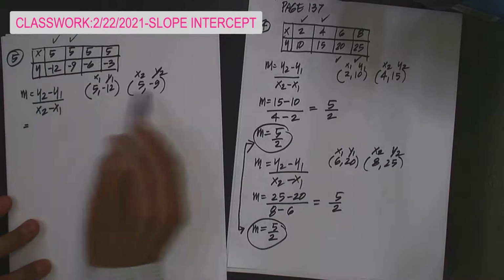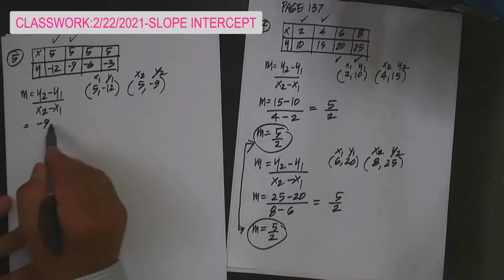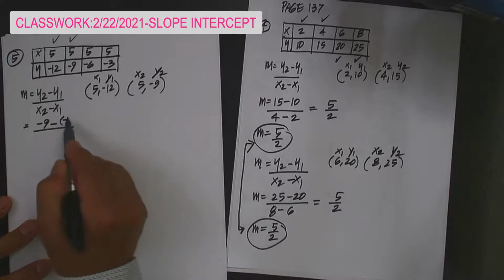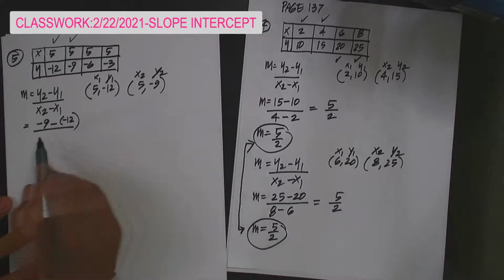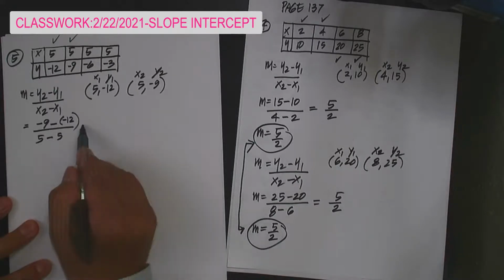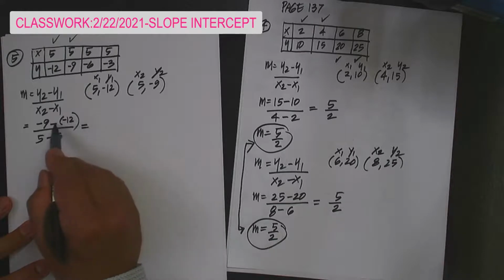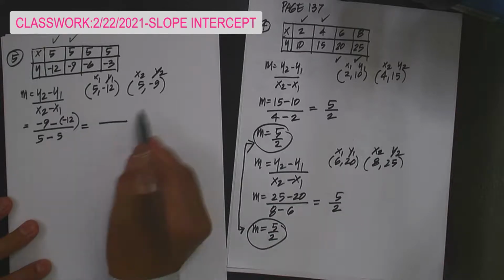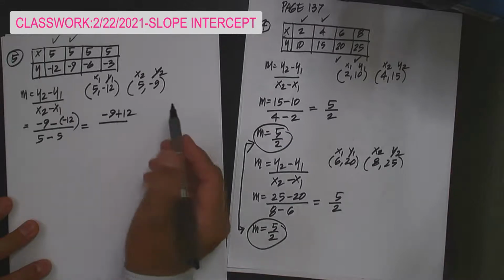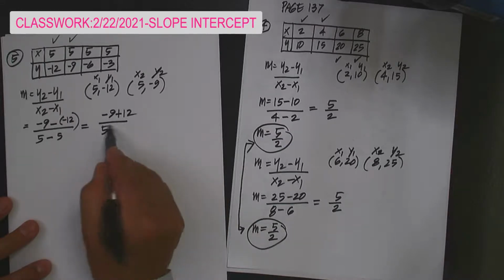My y2 is negative 9 minus negative 12, right? Next, 5 minus 5. I can change this one because the rule is double negative becomes plus: negative 9 plus 12, and then 5 minus 5.